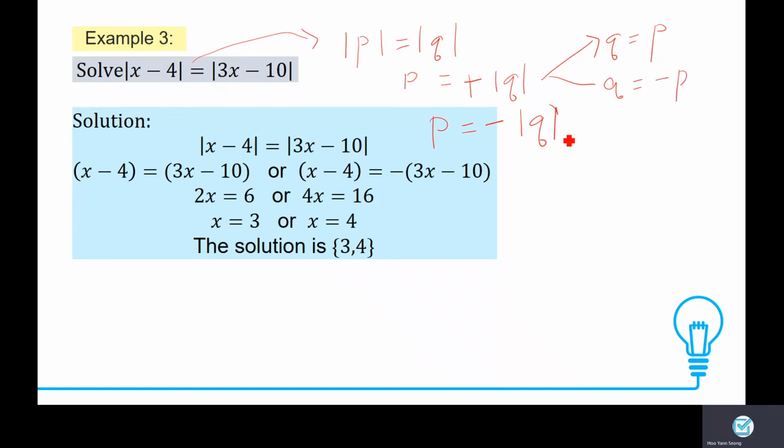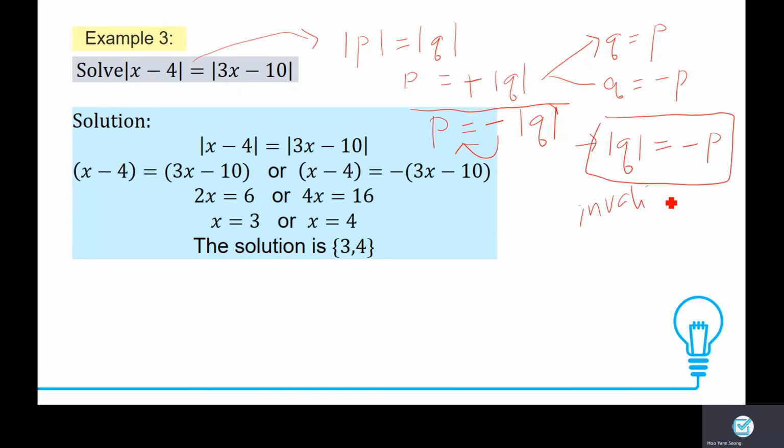Okay, done. Now, for the second option, I shifted my negative here. What is this? It says that absolute q equals negative p. This is invalid, because when we have an absolute value, it is impossible to get a negative value.